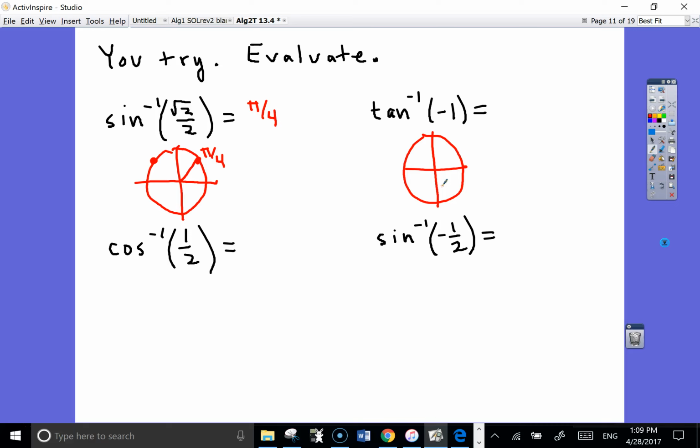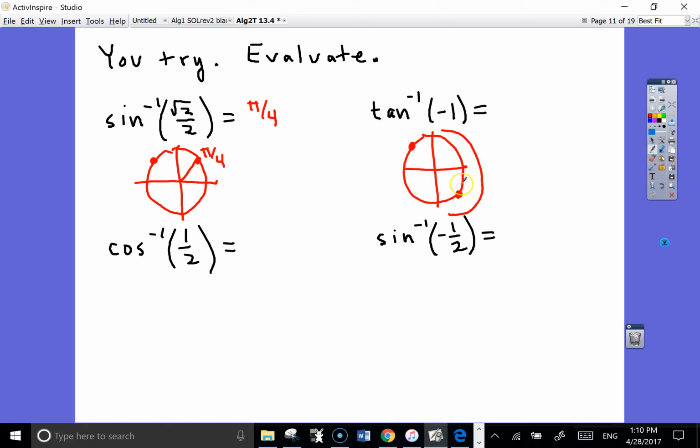Yeah, all the pi over 4 angles, right in the middle of each quadrant. You've got one point which is either root 2 over 2, comma, root 2 over 2, or one of them is negative, or both of them are negative. So tangent would be negative here and here. And you would call this one definitely 3 pi over 4. That's not in tangent. We only take these two.